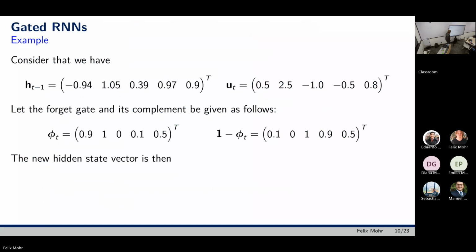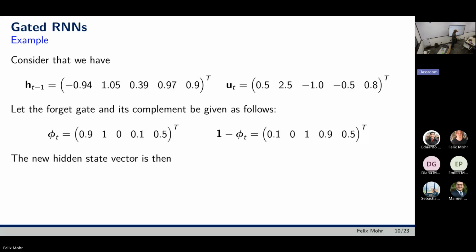So now let's see what happens if we apply this. Let's say our last hidden state was this one, the same as before, I think. And then, according to the standard recurrent update rule, we would now update the state to this here. But in our case, it's not the new value, but only the update candidate.